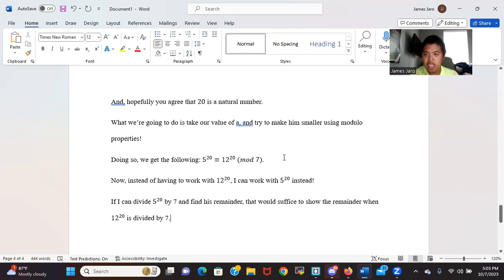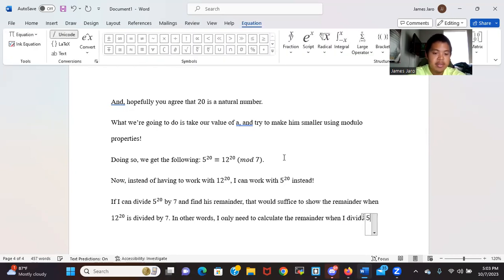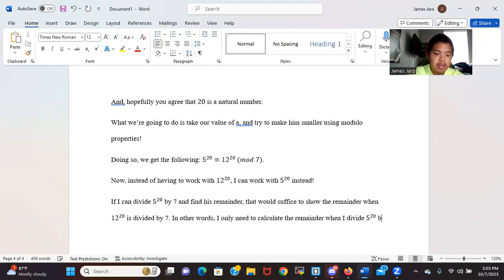So if I can find that remainder for 5 to the 20th, it's the same exact remainder for 12 to the 20th. In other words, I only need to calculate the remainder when I divide 5 to the 20th by 7, and I should be good to go.